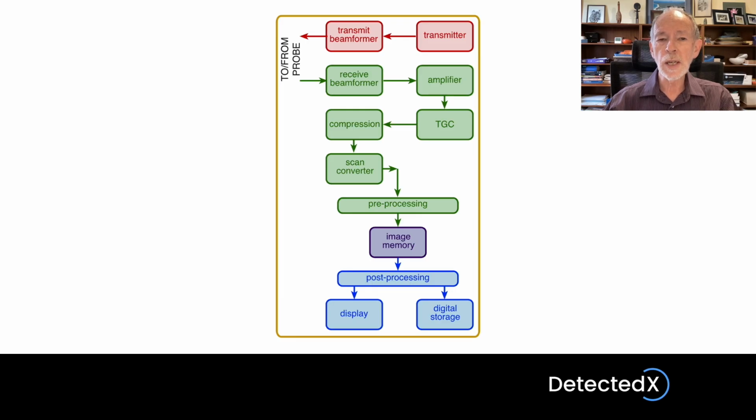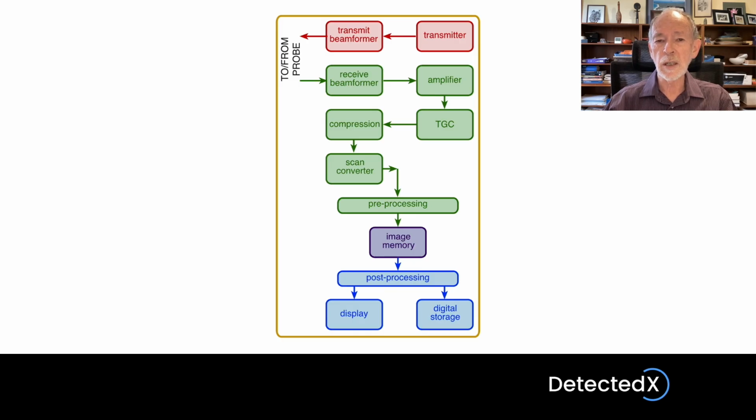The returning echoes pass through the delays in the receive beamformer in order to produce a focused beam. And we then have an echo signal, which must be amplified because it is very, very low level, and it could well be degraded unless it was amplified immediately.